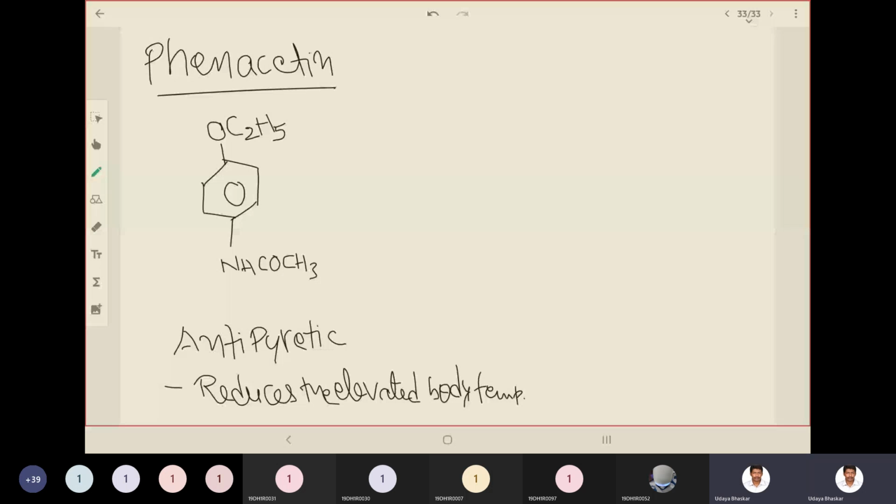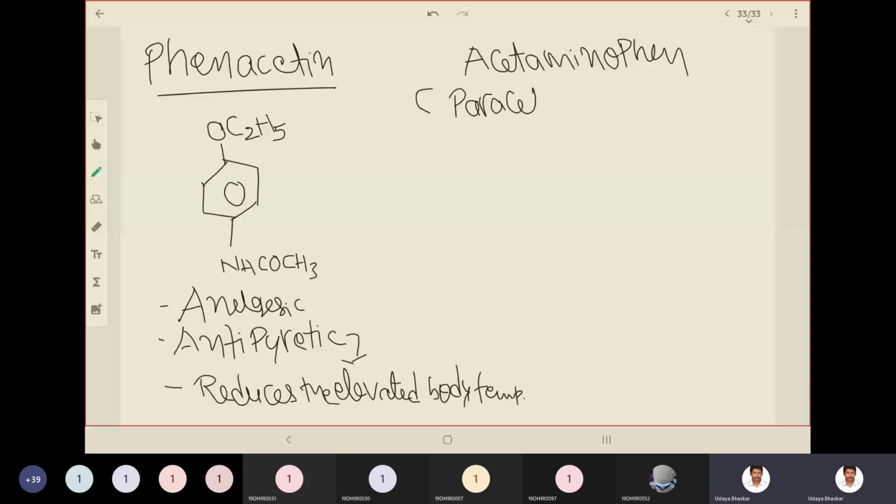Then the next drug, its sister, is acetaminophen. What is the other name? Paracetamol. So what is the difference?